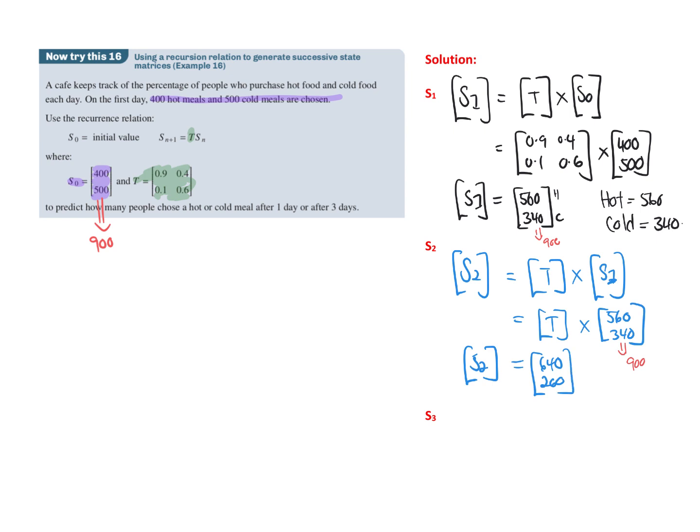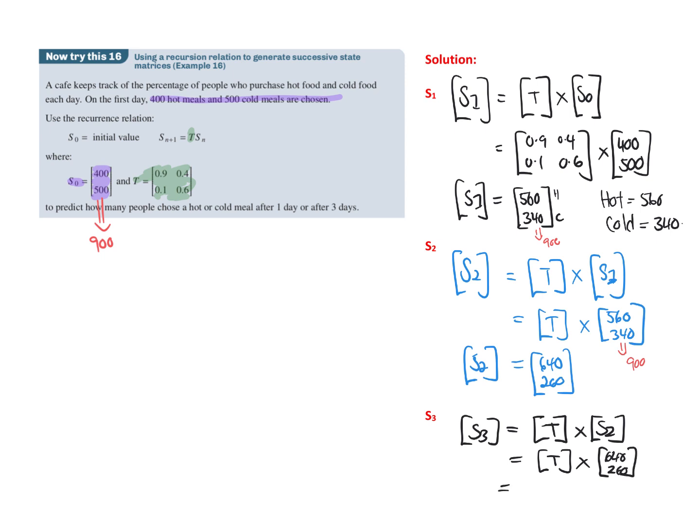And then what am I going to do to find S3? What's the formula? I'm going to do S3 equals, what will it be, boys? What do I have to put first? What matrix? Transition. Good, transition. And because it's S3, what's the one before? S2. Yep, S2. Good. So it'll be transition times S2, which was 640, 260.